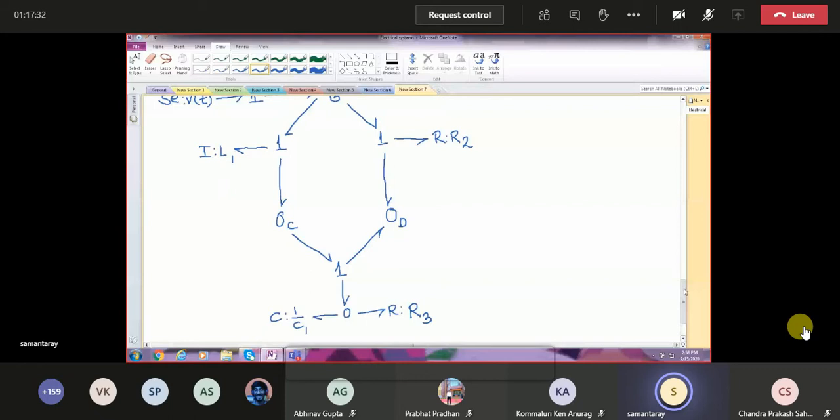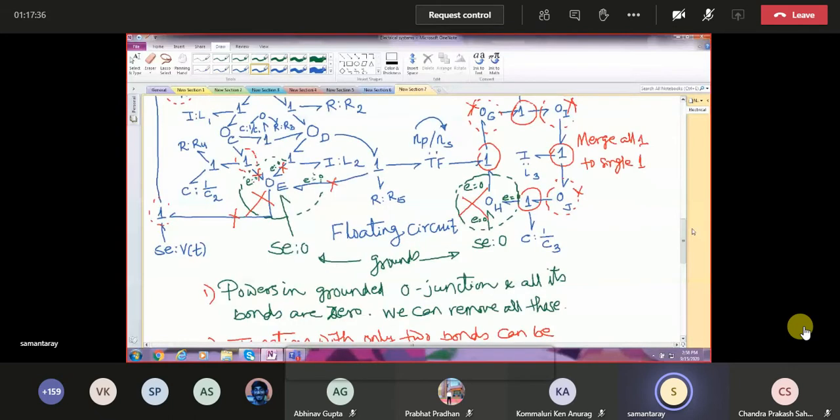So at 0C, we have a 1 junction, two 1 junctions have got merged. One junction with R4 and C2.